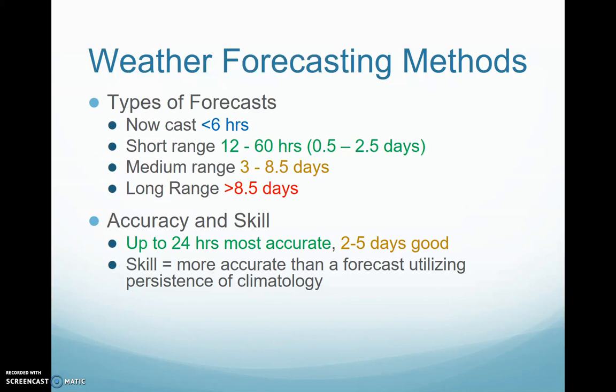Now, what makes a forecaster good? What shows that he has skill? Well, we look at the accuracy of a forecaster, and generally up to 24 hours, our forecasts are pretty accurate. Once you start going a little bit further, 2 to 5 days, we can still get really good forecasts, but go past 5 days, go past a week, you can see things changing so quickly.